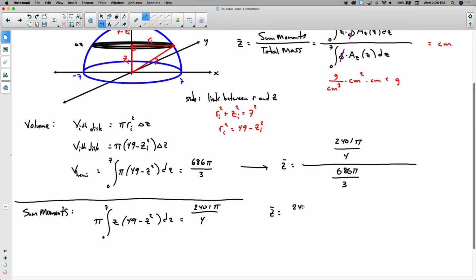We got 2401 pi over 4 times this guy flipped, which is 3 over 686 pi. All right, let's go cancel here. We'll go cancel there. And my guess is that there's something super nice that goes into both of those, but I don't know what that is.